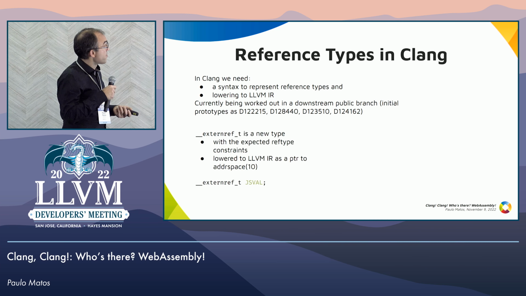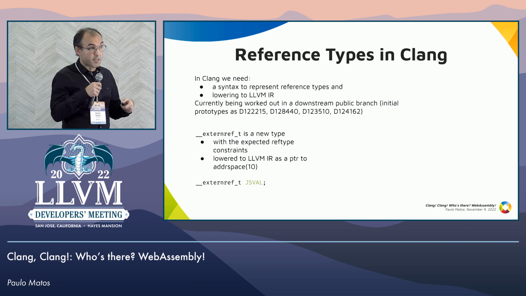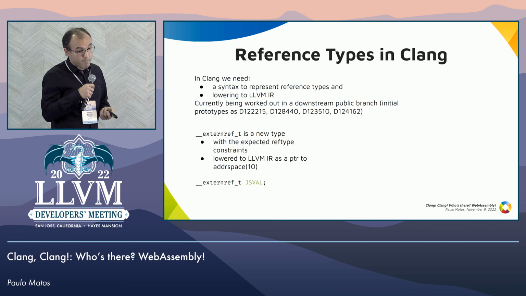There are initial prototypes, and it's not complete. I am aware that other people have faced similar problems. I know that there is some resemblance of the constraints that we have with reference types, for example, with the ARM scalable vector extension. There are also some discussions about SPIRV types representation that overlap a little bit with the problems that we're having.